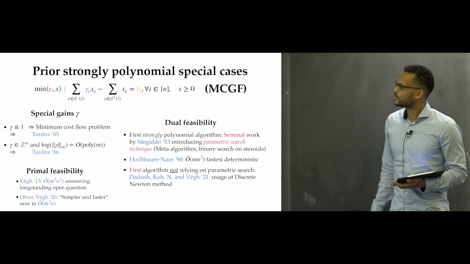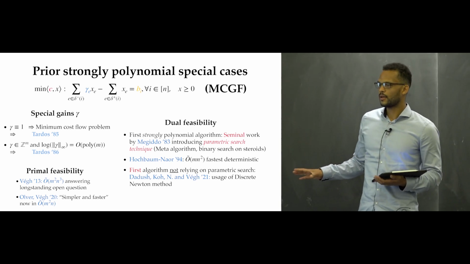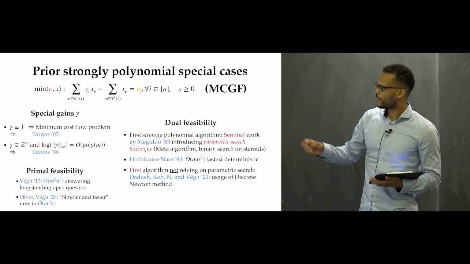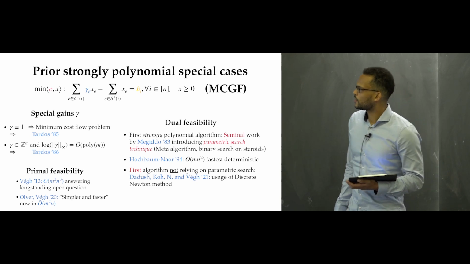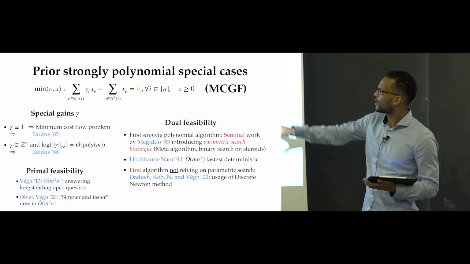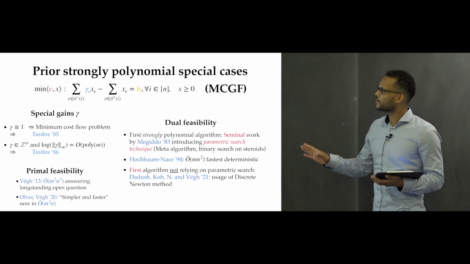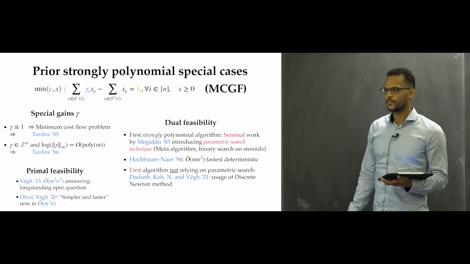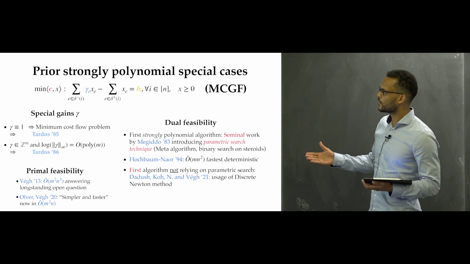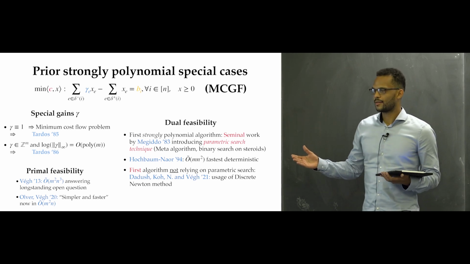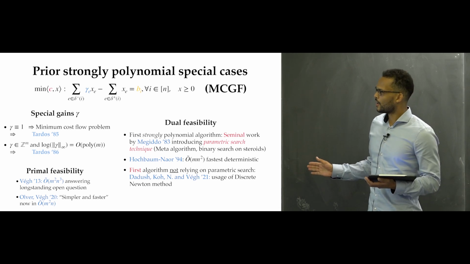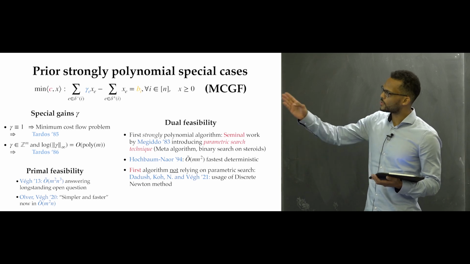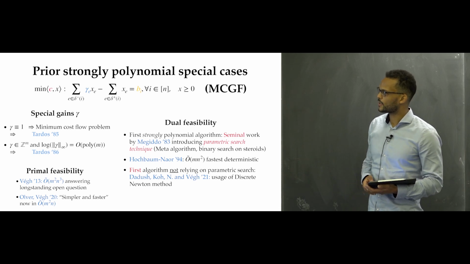If you think about general gain factors gamma, they can be irrational, and we care about primal feasibility, which means forget about the cost vector C, I just want to route with a nonnegative flow the exact demands around our network. For minimum cost flow this is trivial, a linear time algorithm. But here, of course, it's highly non-trivial with these gain factors gamma.